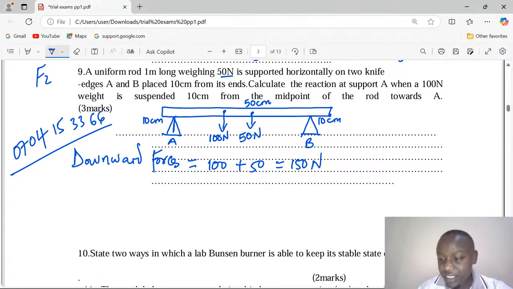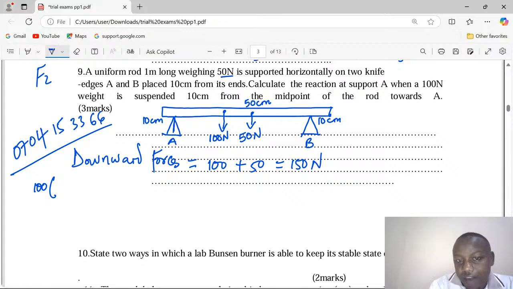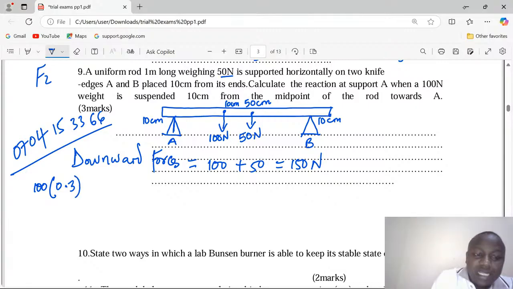So we can take moments about point A, and we will say that 50 and 100 are going to be clockwise. So 100 newtons multiplied by the distance from where it is acting, which is 10 centimeters from the middle. Also, point A itself is 10 centimeters from the end, so the 50 centimeters up to the center has been narrowed down, 10 and 10, remaining with only 30, which can be converted to 0.3 meters.